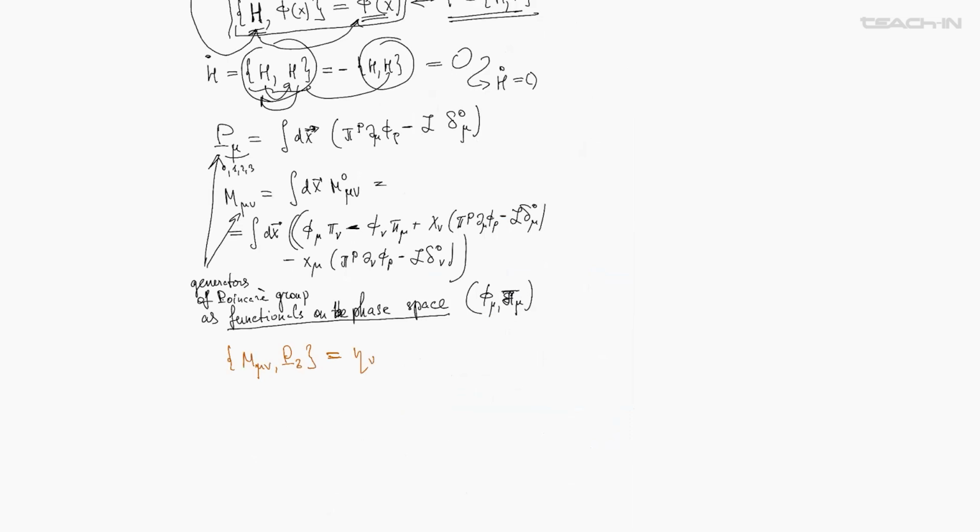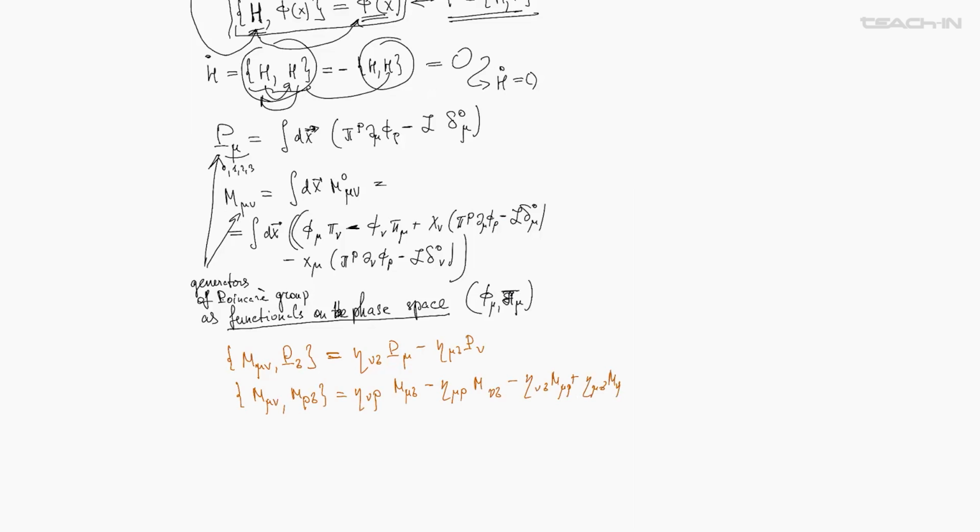It will be η^{νσ} minus p^ν, η^{μσ} multiplied by p^ν, and the Poisson bracket between generators M^{μν} M^{ρσ} will give η^{νρ} M^{μσ} minus η^{μρ} M^{νσ} minus η^{νσ} M^{μρ} plus η^{μσ} M^{νρ}. Great. That is what you will find.